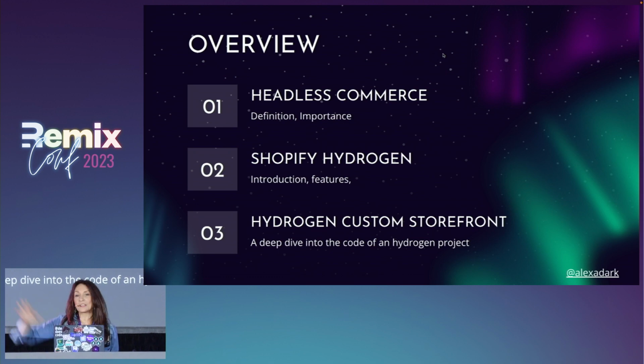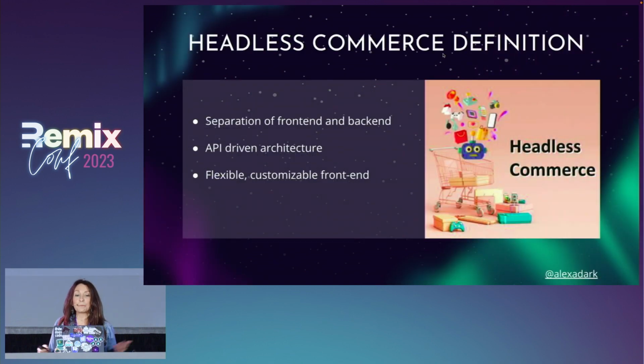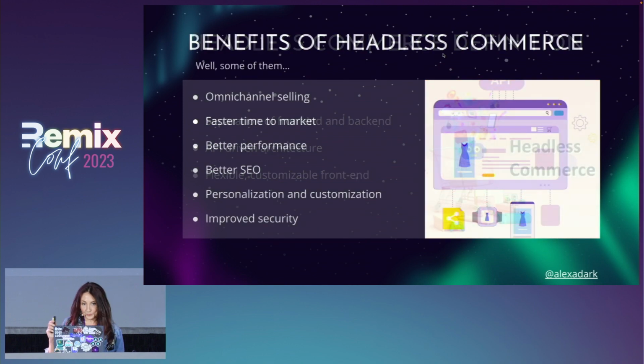So who of you has already used Hydrogen? Okay, good. And who wants to use it in a future project? Okay, nice. So headless commerce means the separation of the front end and the back end, and this is achieved thanks to an API-driven architecture which allows for a flexible and customizable front-end experience.